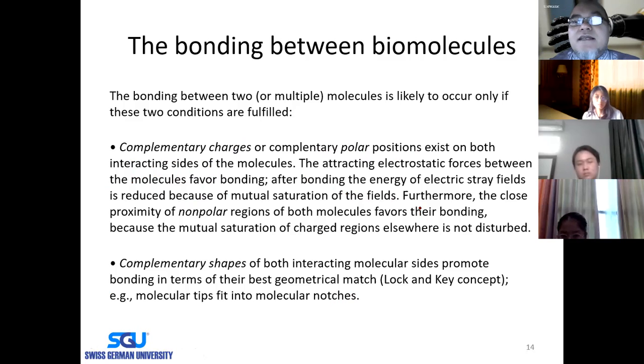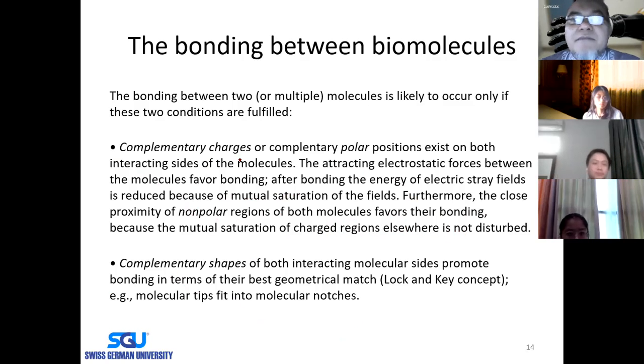Then after bonding, the energy of these electric stray fields is reduced because of mutual saturation of the fields. Furthermore, the close proximity of the nonpolar regions of both molecules favors their bonding because the mutual saturation of the charged regions elsewhere is not disturbed.